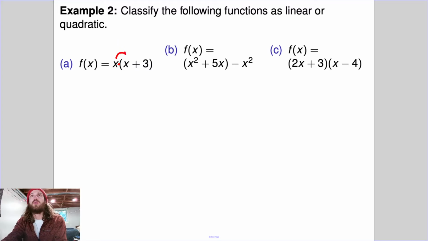So we're going to have to apply the distributive property to see what's going on here. And then we get x times x is x squared, and x times 3 is plus 3x. Okay, and if we take a look, now that this is simplified, I can't combine these like terms. This is as simple as it gets. We can see that the highest power of x is 2, so this is a quadratic.